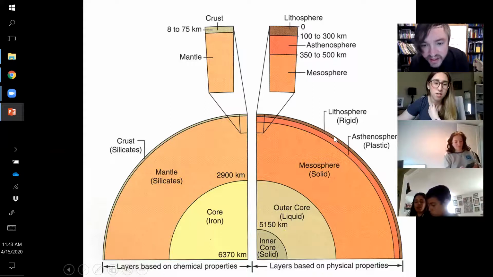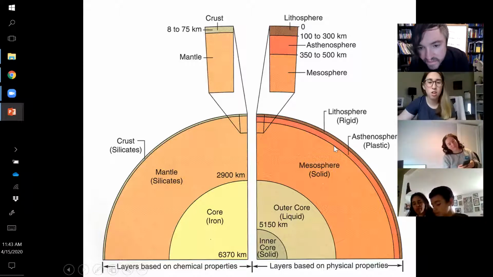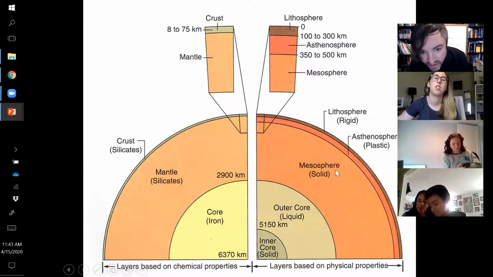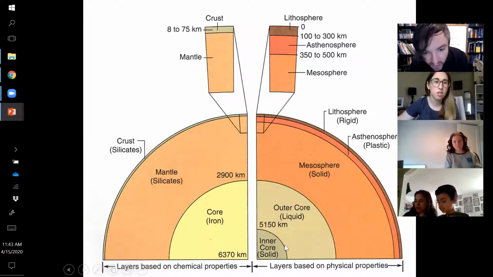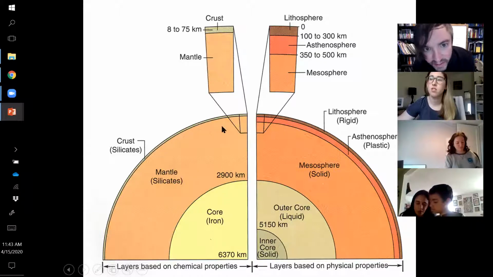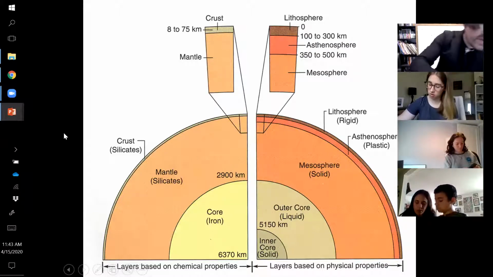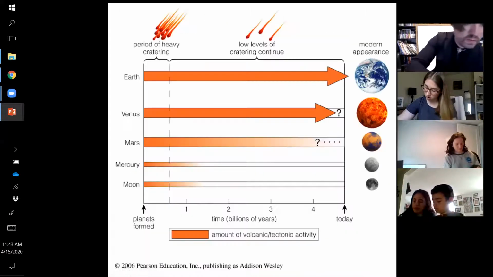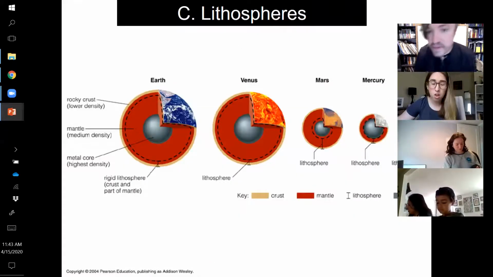The other method was by strength or rigidity, where we have a brittle, solid, rigid lithosphere, a convective plastic asthenosphere, a solid mesosphere, a liquid outer core made of metal, and a solid inner core made of metal. Now, if we go to slide 21, here we go.